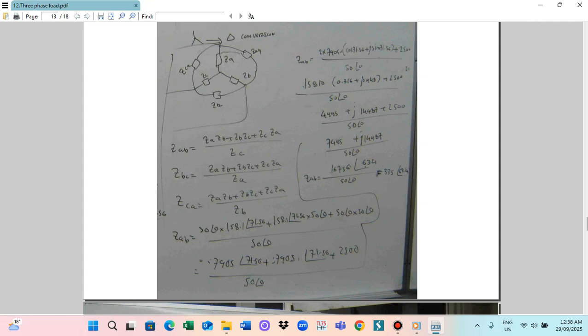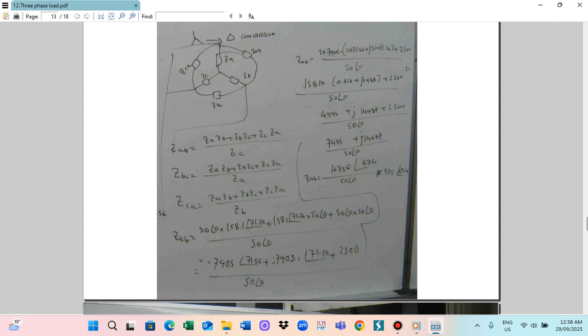So the numerator is this. The two terms are the same, so you can add. So 2 multiplied by 50 times 158.1, cos 71.56 plus j sine 71.56, plus 2500. The denominator is 50 angle 0.